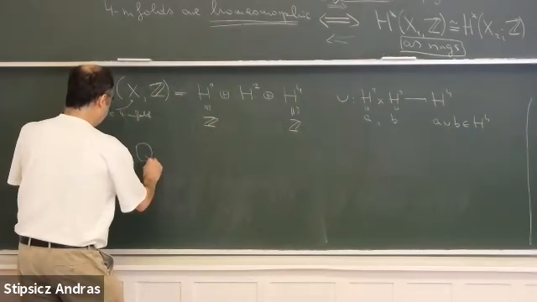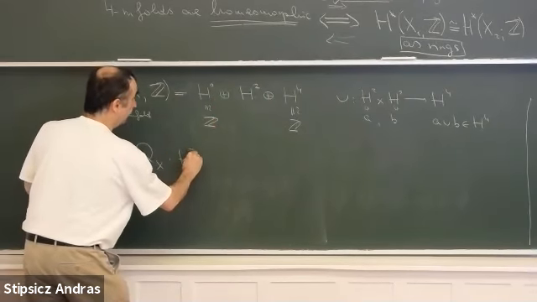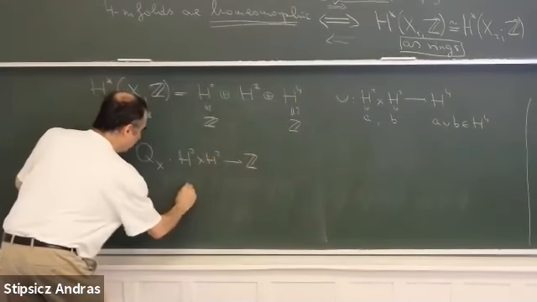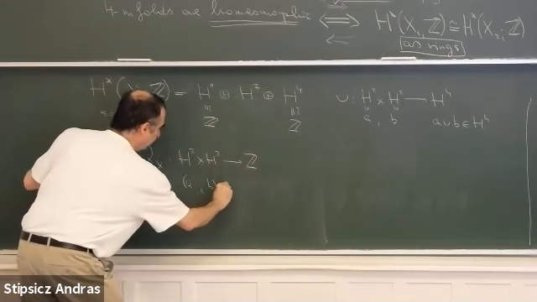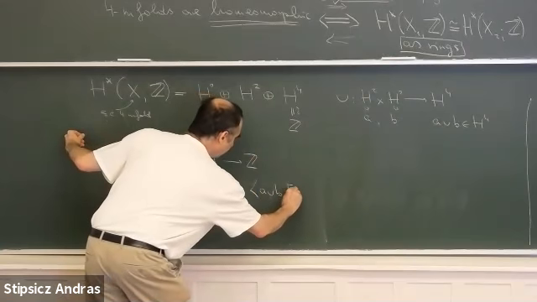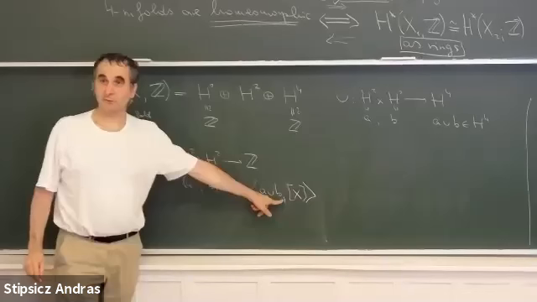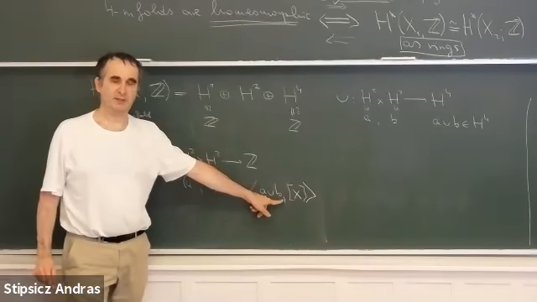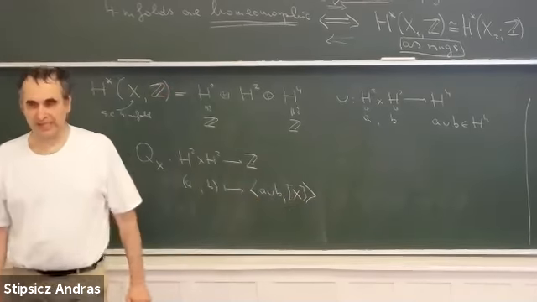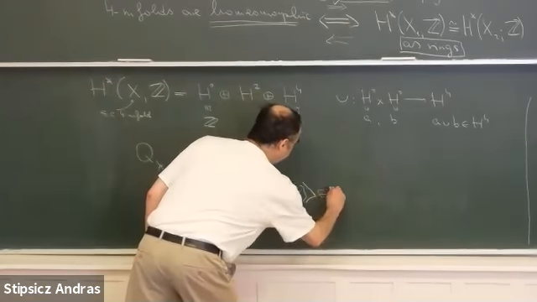So Q_X is defined as follows. We take a and b, and we associate the pairing of the cup product, a four-dimensional cohomology class, against the fundamental class of the oriented four manifold. So this ends up being an integer.